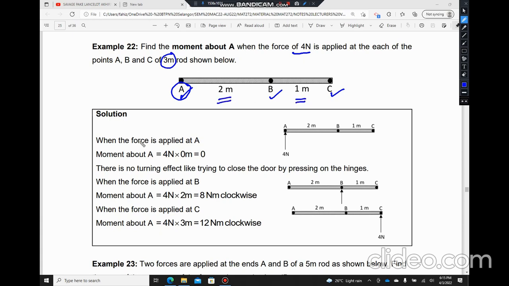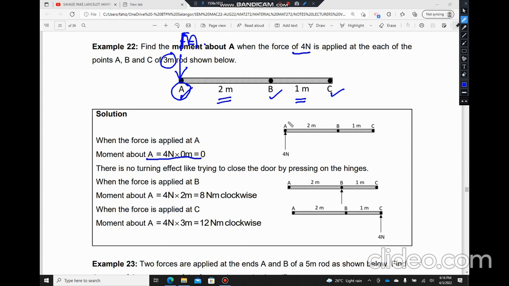Kita nak when the force is applied at A, kita nak find the moment about A. So how we calculate here? When the force is applied at A, moment about A is 4 Newton multiplied by 0 meter.